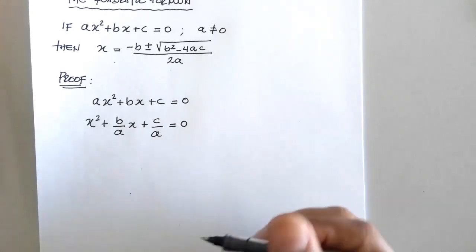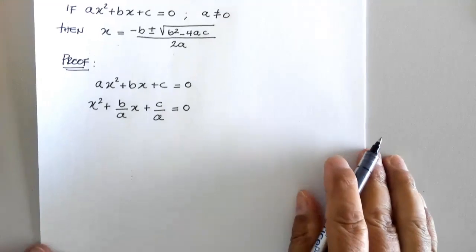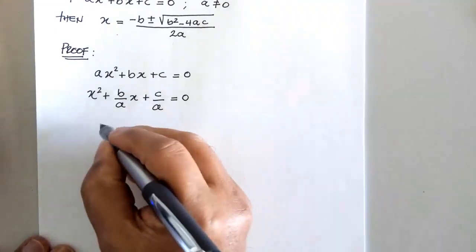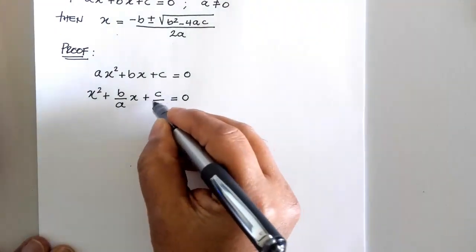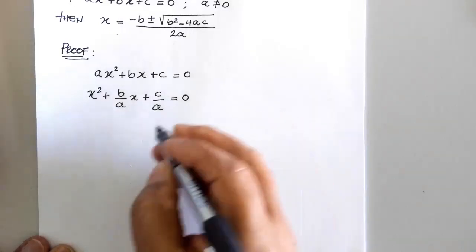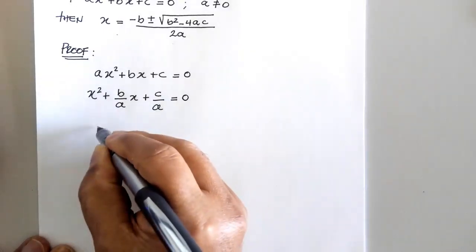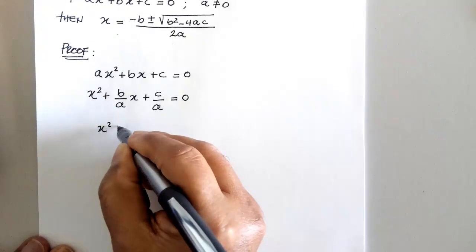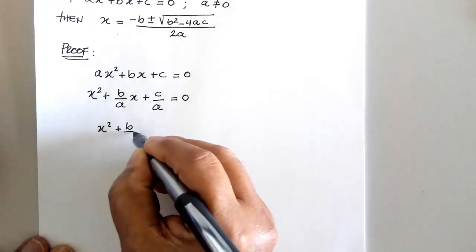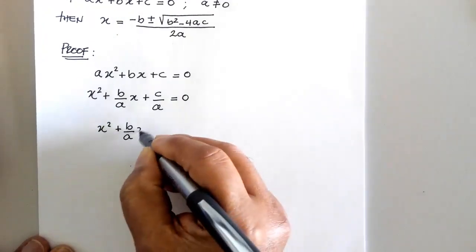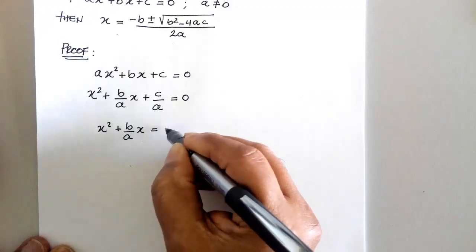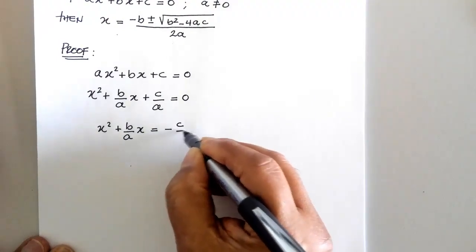We move this c over a to the other side, so we get x squared plus b over a x equals negative c over a.